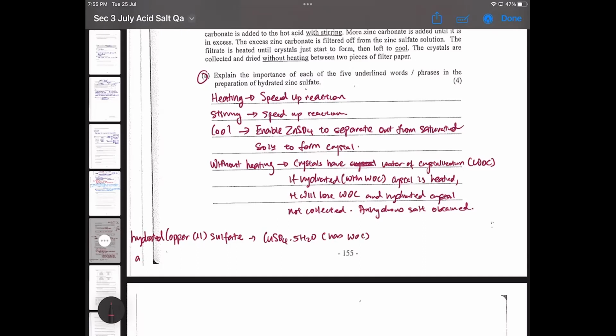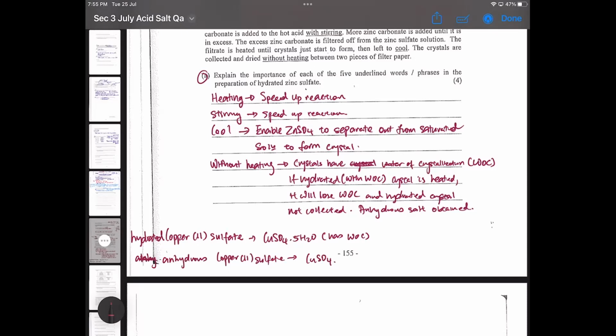Now, if you have the other version, which is what we call anhydrous copper 2 sulfate, what you get will be just CuSO4.